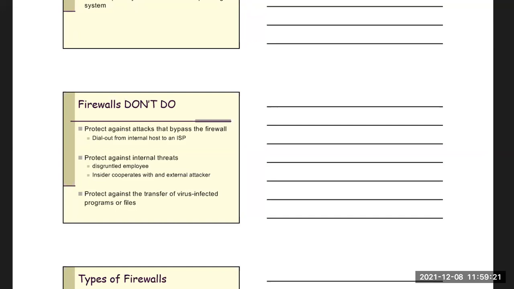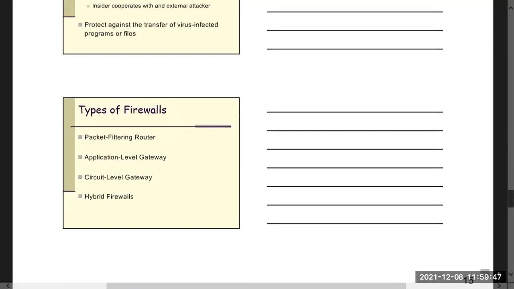That means it will only see that a packet is entering or going outside, checking whether virus-infected files came from outside or are going to the outside network. It will only check that. But if any internal problem happens, then we cannot use the firewall. So this is a disadvantage of the firewall.